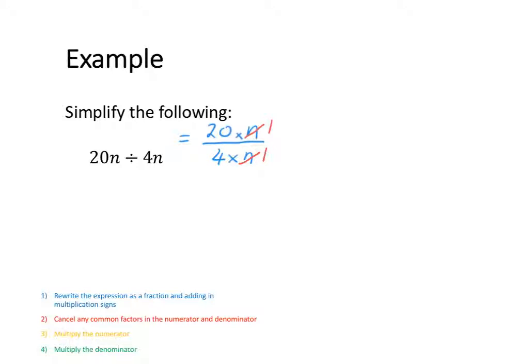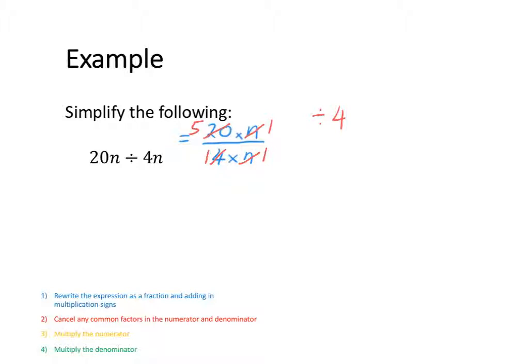Now a common factor between 20 and 4 is 4. So I can divide both my numbers by 4. So 4 divided by 4 is equal to 1, and 20 divided by 4 is equal to 5. So I've gone ahead and I have cancelled or simplified any common factors in my numerator and denominator.